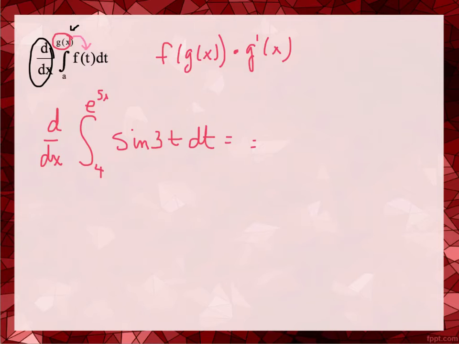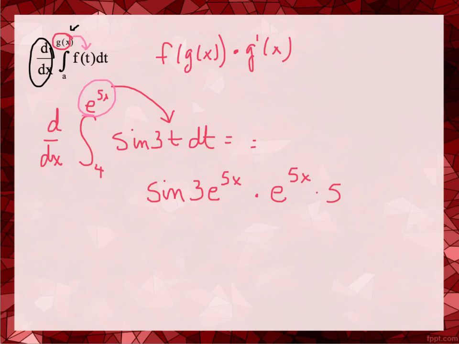So we want to substitute in the e to the 5x for the t's, and that's going to give me the sine of 3 e to the 5x, but then we're going to take the derivative of what we substituted in, which was e to the 5x. So the derivative of e to the 5x is e to the 5x times 5.